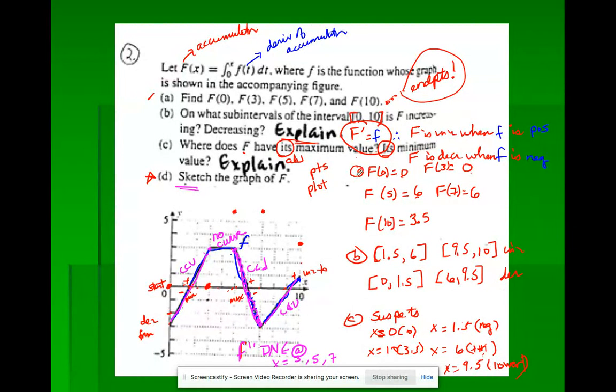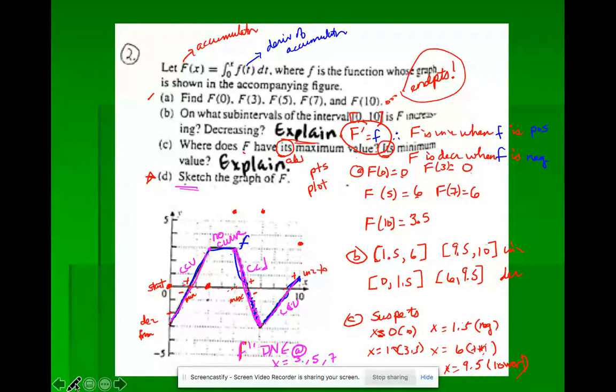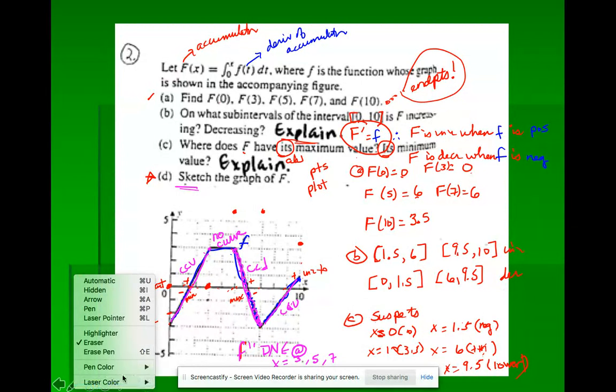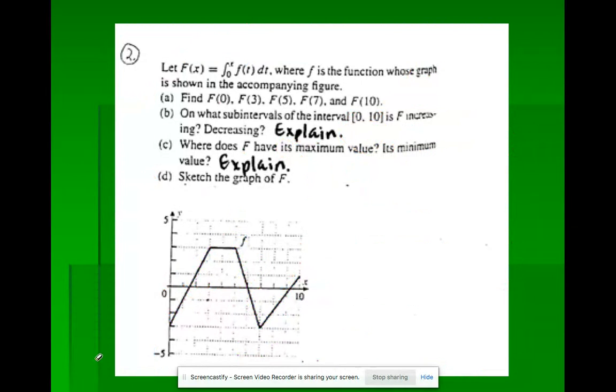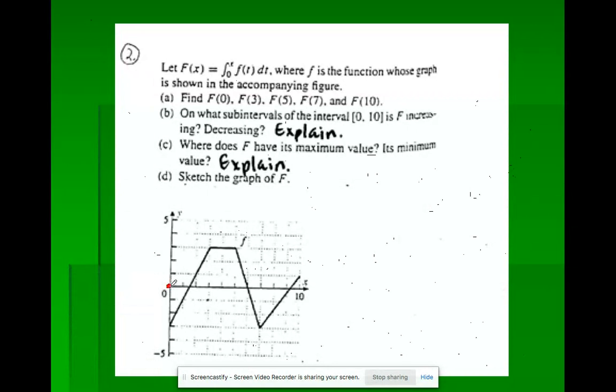So I need to erase all of this while I start to draw our information. So hopefully you've captured it. So again, I have 0.